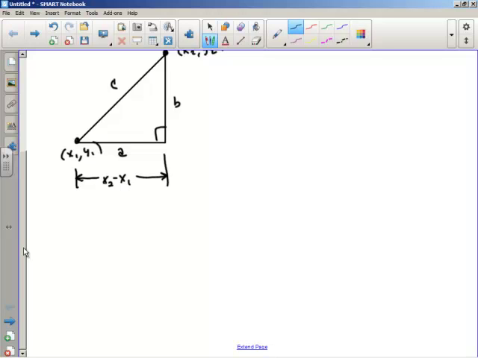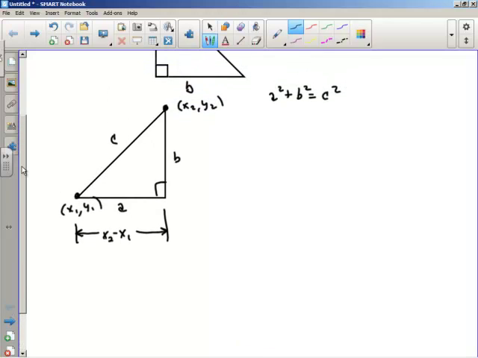There's x2 minus x1, and again, the second y value minus the first y value tells you how much you've changed in going from the first point to the second point. And so A is just x2 minus x1.